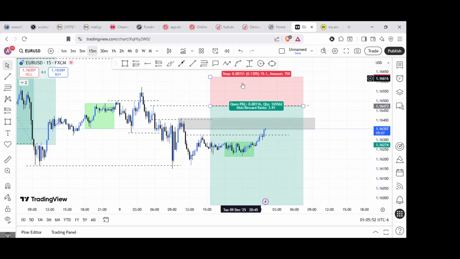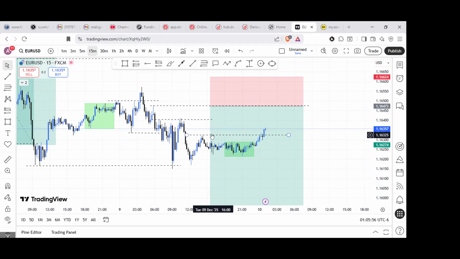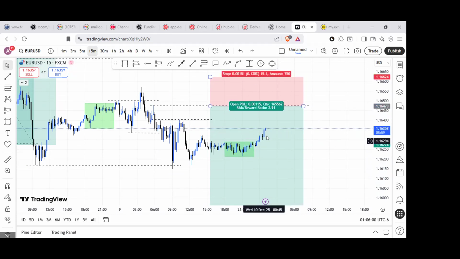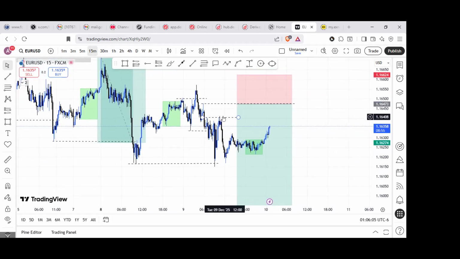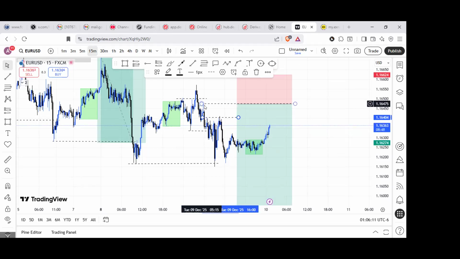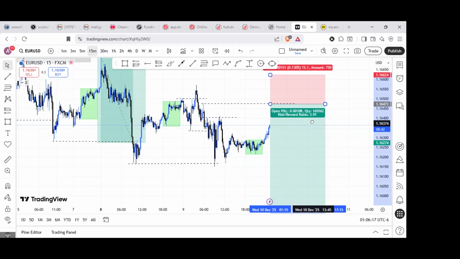So I'm going to delete this, because this even seems like it's not going to hold from the way price is going up, right? So I will just wait for this particular level of liquidity or inducement to see if price will come tap us in and then go down to our take profit.